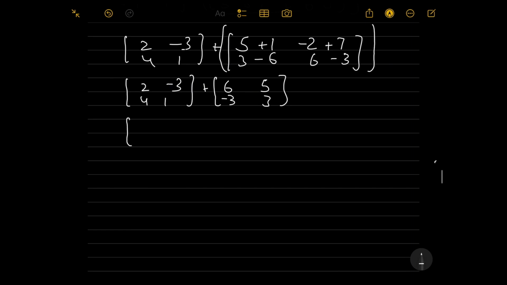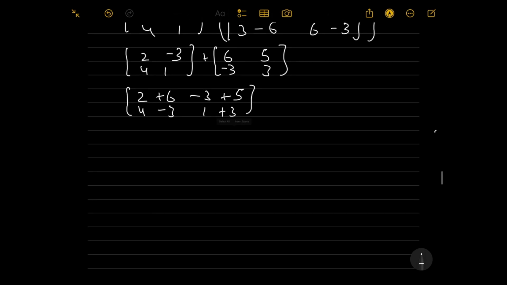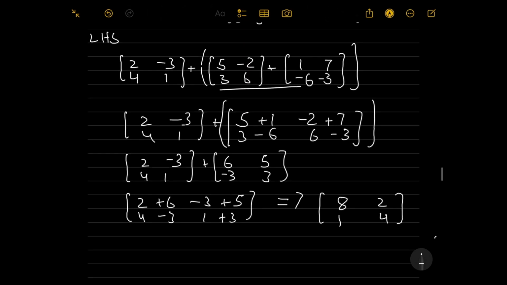Now add these both. We'd get 2 plus 6, minus 3 plus 5, 4 minus 3, and 1 plus 3, which will form 8, 2, 1, and 4. So this is the left hand side.